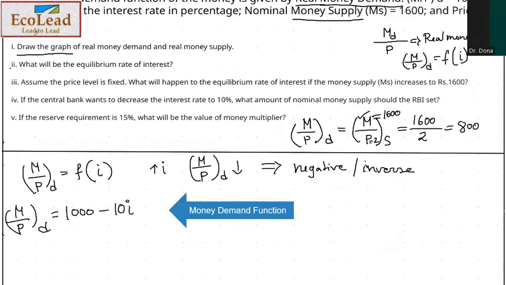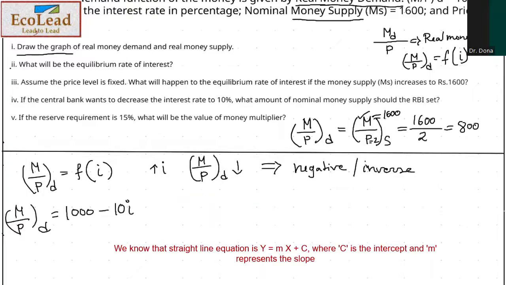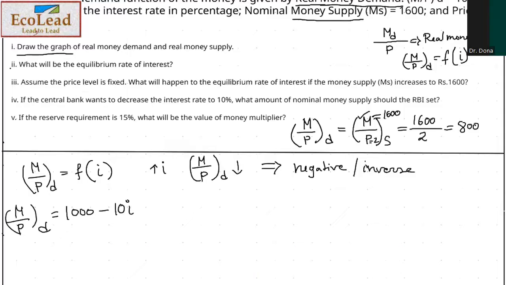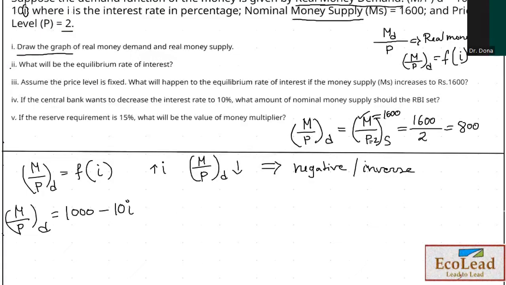So this equation is nothing but a straight line equation. So in this given question, we have a straight line money demand function. If the value of I, or interest rate, is equal to 0, what will be the amount of money demand? The money demand will be 1000.